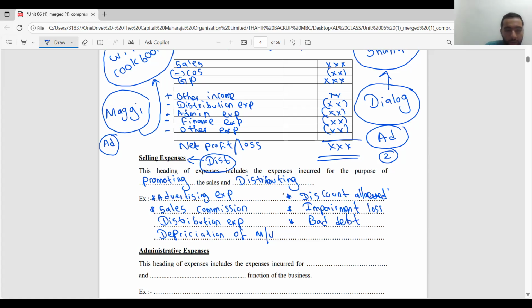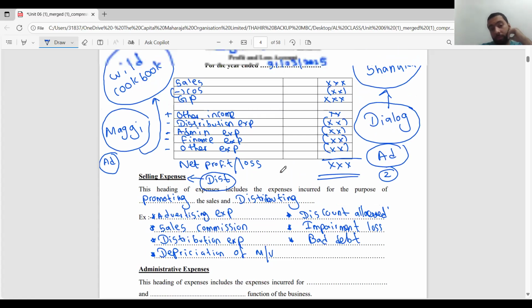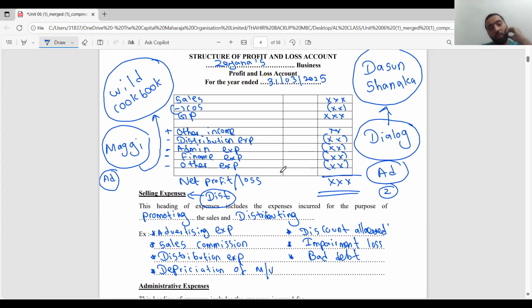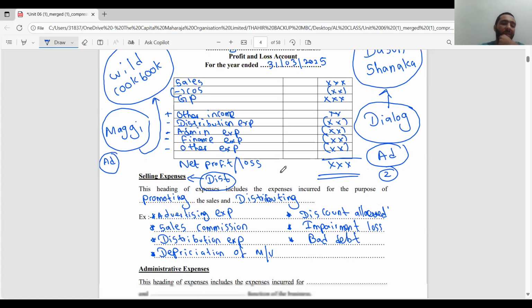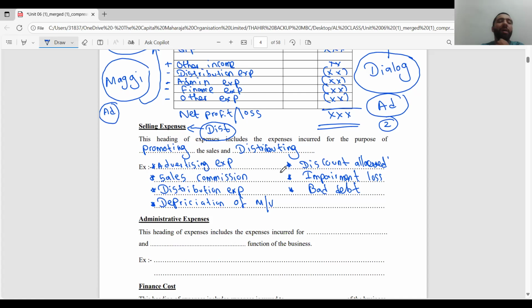So these are the examples that can be given for selling and distribution expenses. Quickly write it down. Advertising, sales commission, distribution expenses, depreciation of motor vehicle, discount allowed, impairment loss, bad debt.